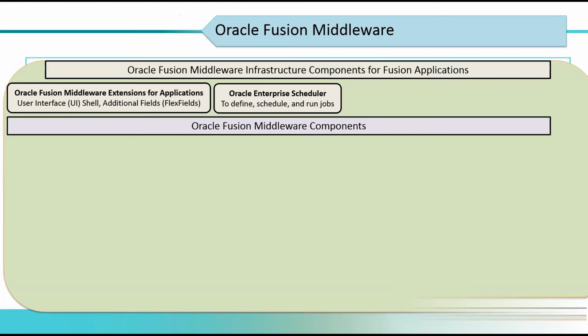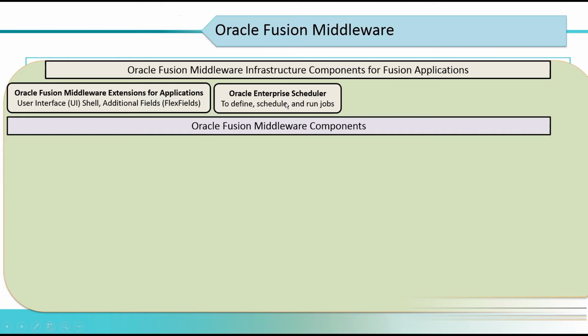That can be done in the Oracle Enterprise Scheduler, because all these jobs come as part of the Fusion applications product. You can use the scheduler to run it, define it, and schedule it. So this is again part of the Fusion application family.